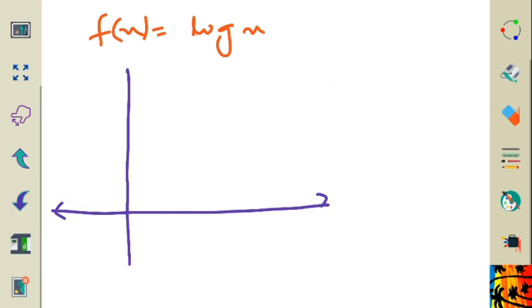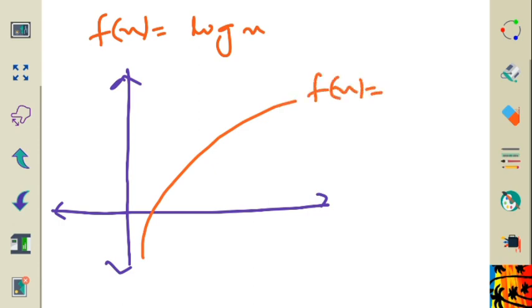Clear? So how to plot the graph then? The graph will look like this. Clear? Look at this, like this. So this graph is f(x) equals log x. For whatever value on the right hand side I take, I will always get the limit to exist.